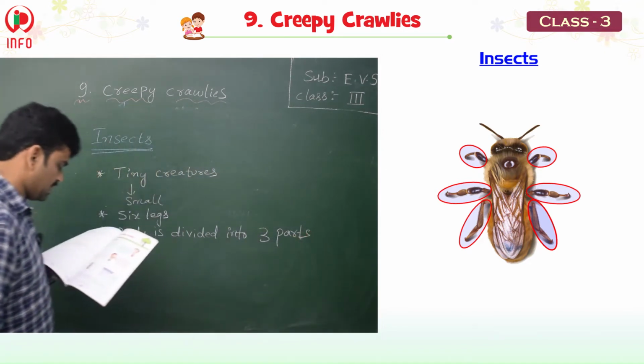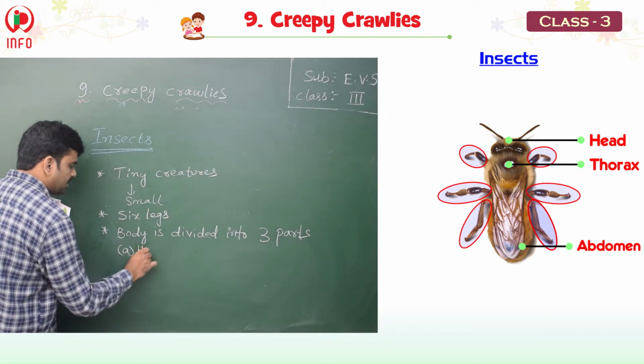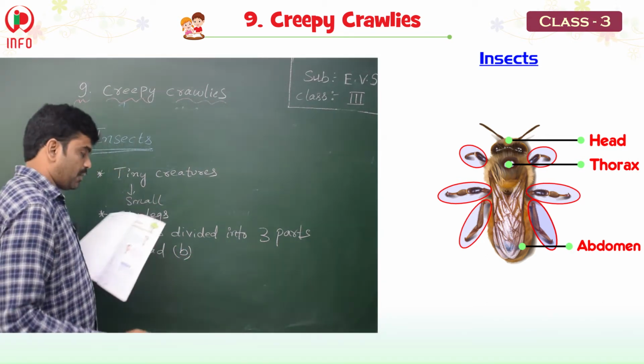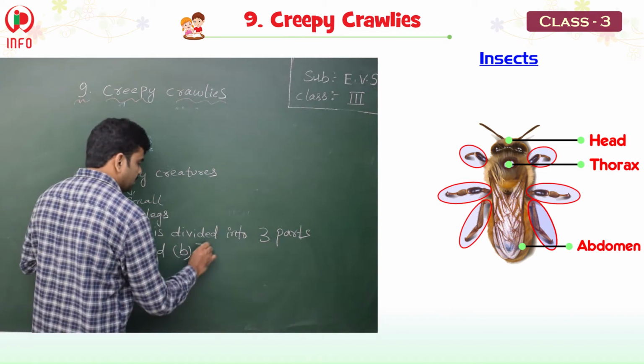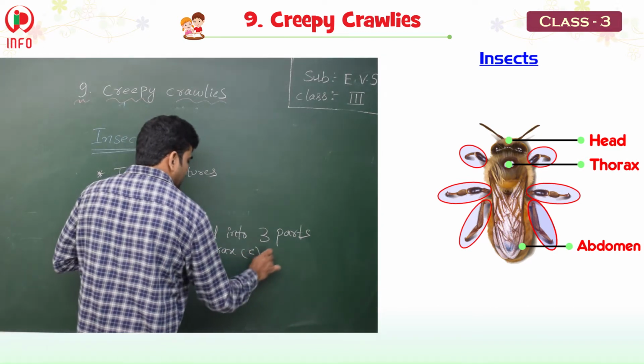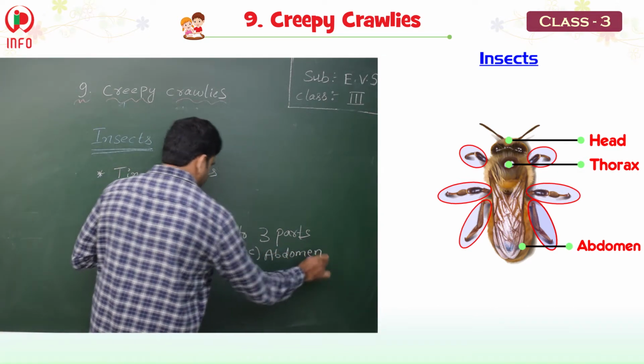What are the 3 parts? A is head, B is thorax, and C is abdomen. Okay, children.